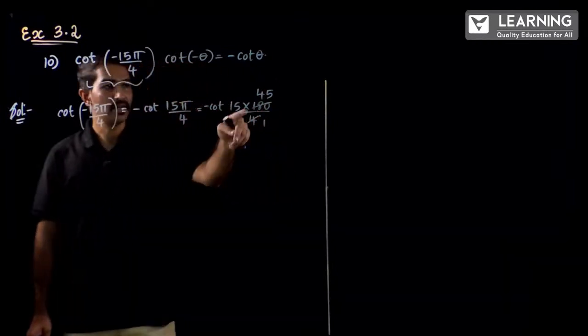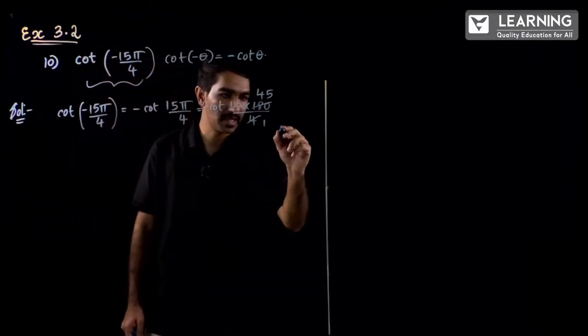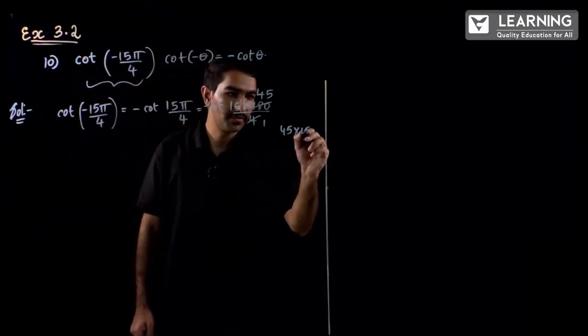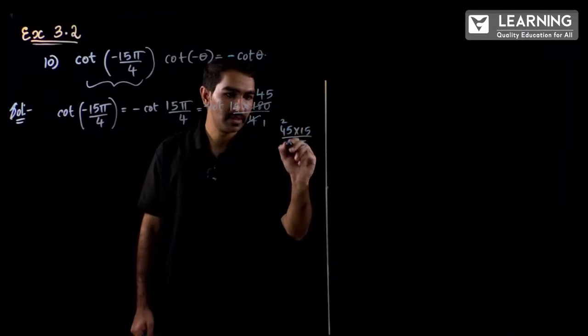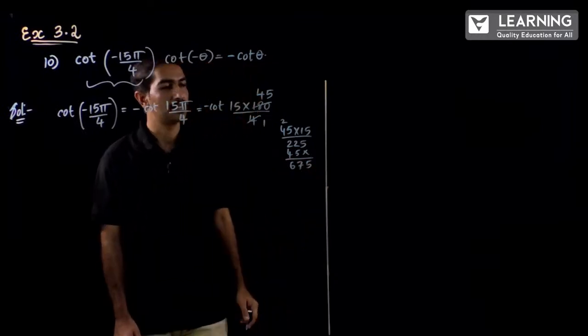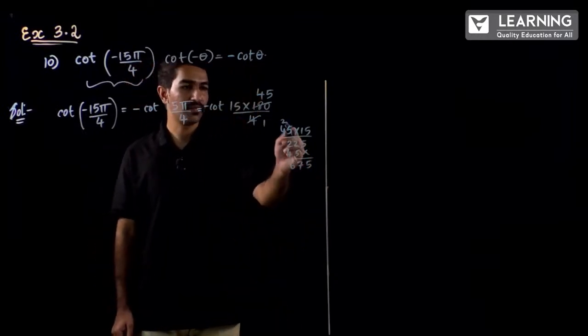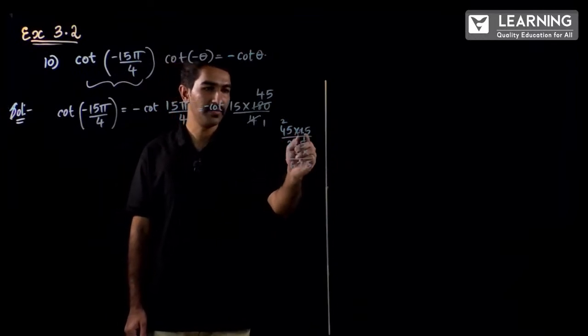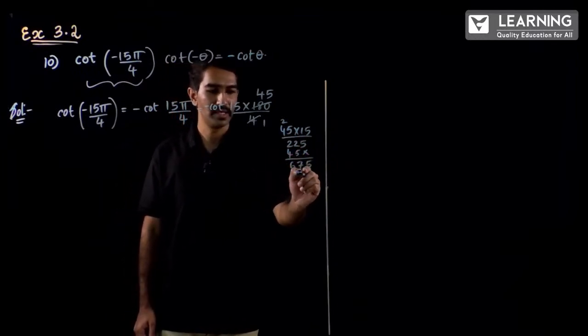So what do we have here? 45 into 15, let's check how much that is. 5 fives are 25, 5 fours are 20, 22, 1 five, 1 four, 5, 7 and 6.